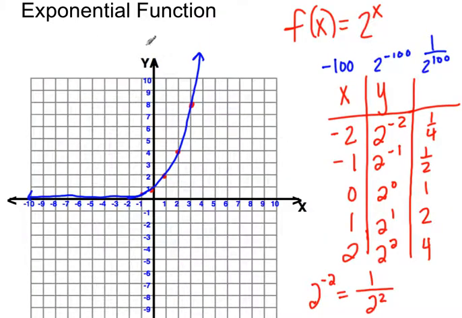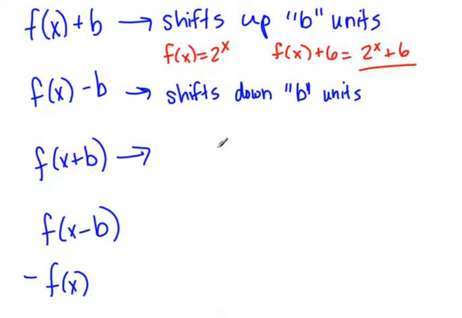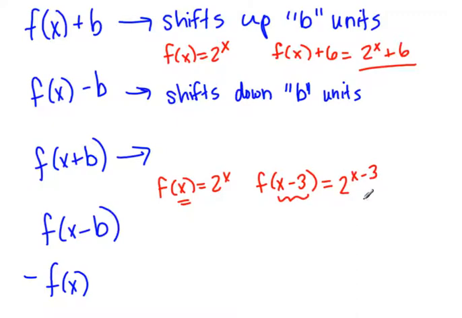So if f of x equals 2 to the x, then let me go to red again. f of x equals 2 to the x, and I said to do f of x minus 3. That's actually going to be x minus 3 replacing the x here. So it would be 2 to the x minus 3.